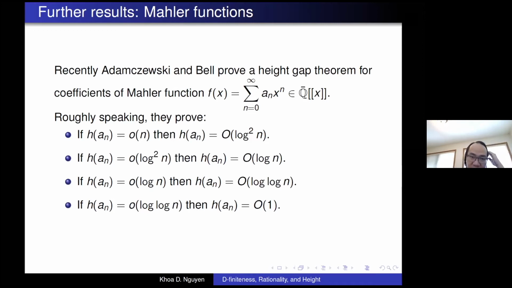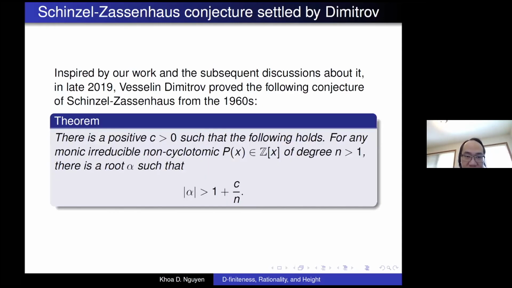Finally, the last result I want to talk about is a result by Veselin Dimitrov. It was a little bit funny because he didn't pay attention to our work at first. There was another combinatorics paper of me and Jason that he noticed, and from that paper he eventually noticed our D-finite results.